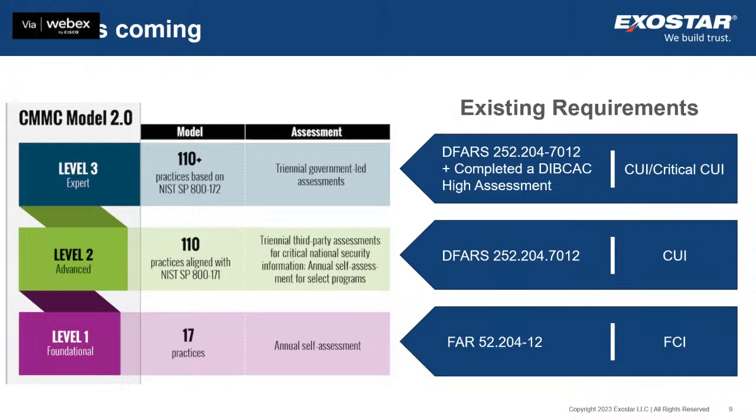One of the questions we got asked was, what do I need to do today? If I've done my self-assessment to NIST 800-171, I've got my SPRS score, it's entered, then what you now need to do is close off any open POAMs you might have because you haven't implemented all 110 controls, and just monitor things and make sure you're continuing on that process.